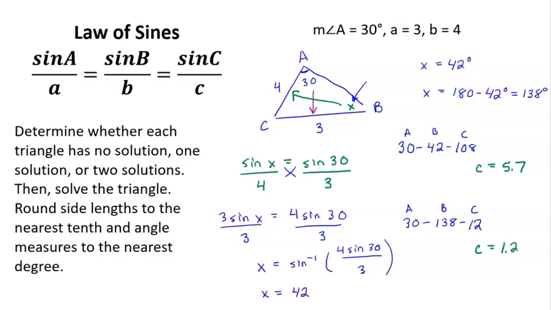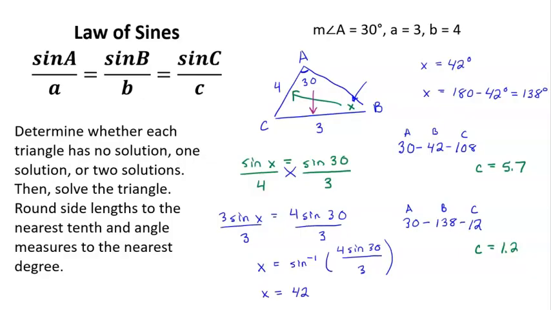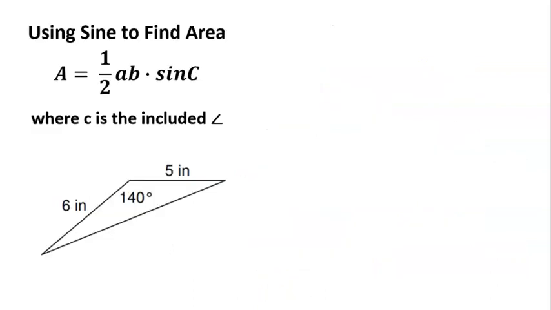And this goes back to this idea of having two triangles where you're either going to have this long length here, or you're going to have this shorter length. And so when you have the larger angle here, you're going to have that shorter length. If you have a smaller triangle, you're going to have that longer length. And that goes back to this one where we have that larger triangle where you're going to have that shorter length there.